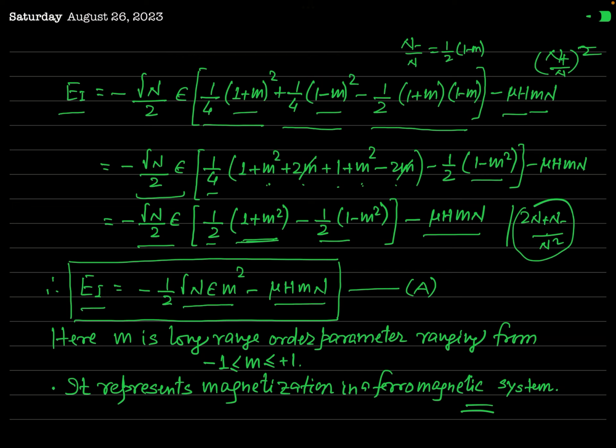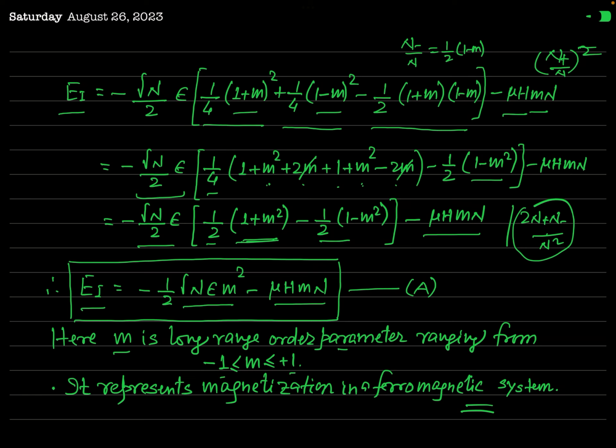This is actually the expression for the internal energy of the system, or for the interaction energy of the system, on the basis of the Ising model applying the Bragg-Williams approximation in terms of the parameter m, which is actually called the long range order parameter, you know. And as I have told you, the value of this long range parameter m lies between minus 1 and plus 1.